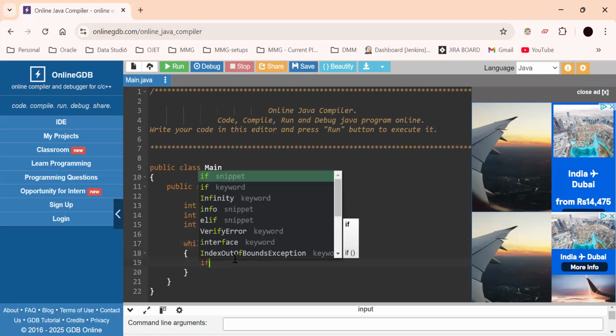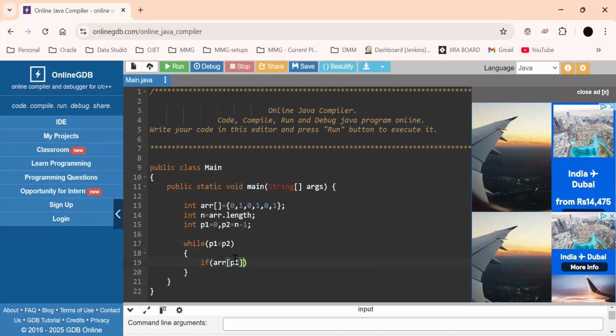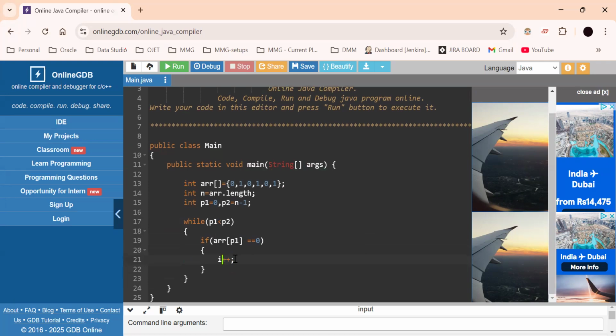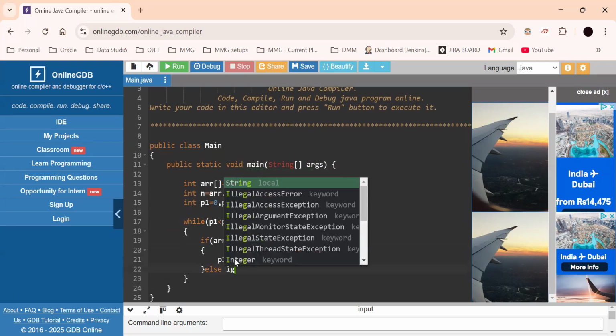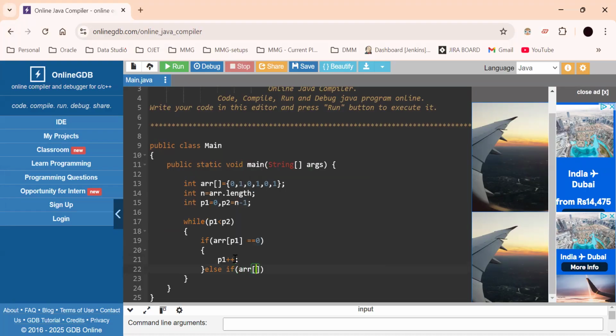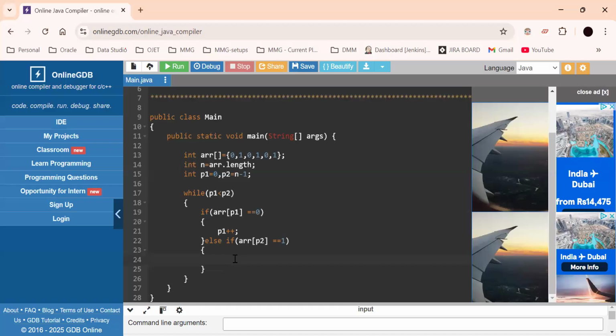So first, I'll check whether array of P1 is pointing to 0. If it is pointing to 0, I'll simply move my pointer P1 forward. Else if array of P2 is pointing to 1, I simply move it inwards, P2 minus minus.